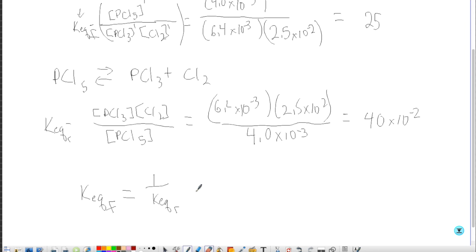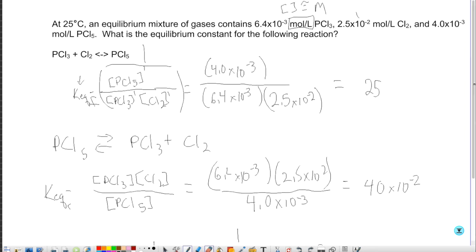And just to prove it, let's take 1 over 4.0 times 10 to the minus 2. And what do I get? Oh, that's right, 25. So this is something that you can keep in mind. Sometimes this will be helpful, and it goes to reinforce some of the concepts.